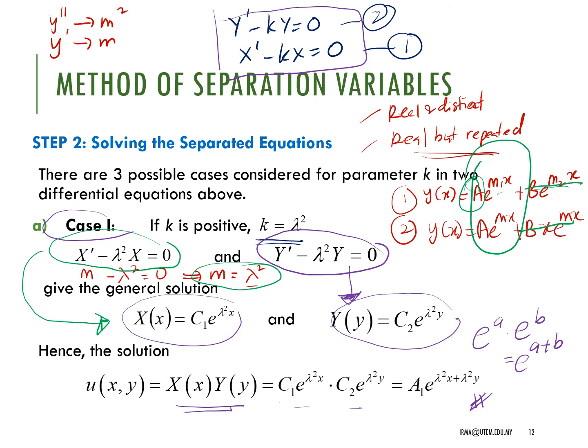We only solved the first case, where k is positive, or we set k equal to lambda squared, and the solution is given by this function. So this is the first solution.